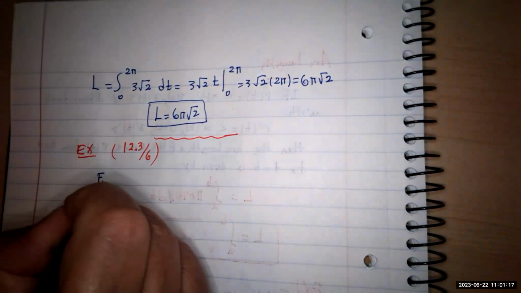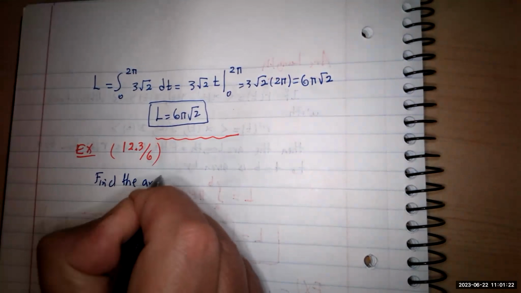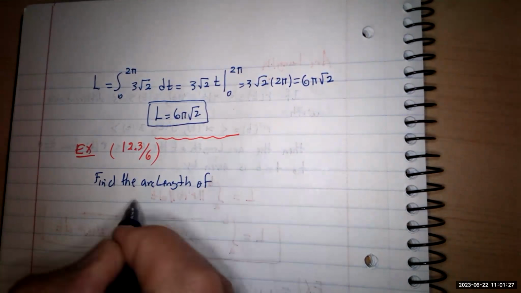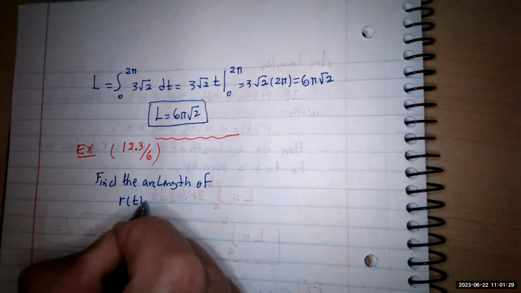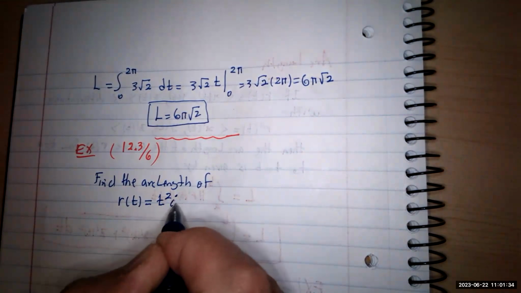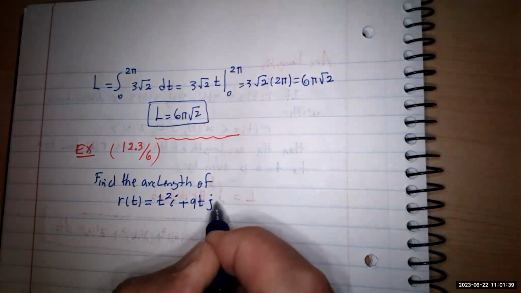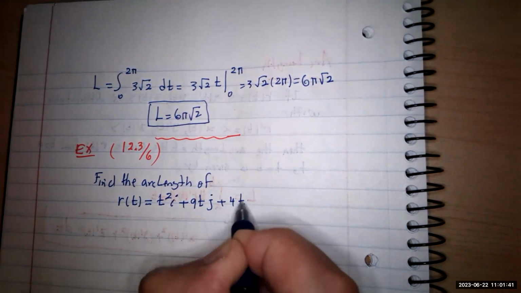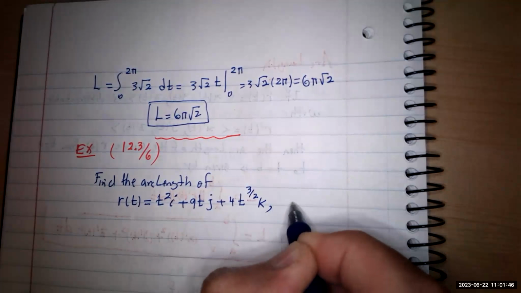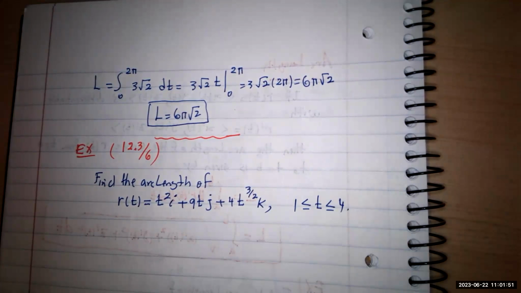So find the arc length of this function. The function is r of t equal to t squared times i plus 9t j plus 4t to the 3/2 k, and your t is going to be between 1 and 4.